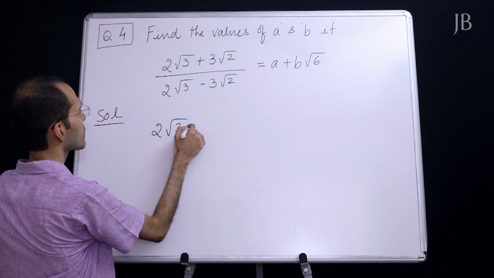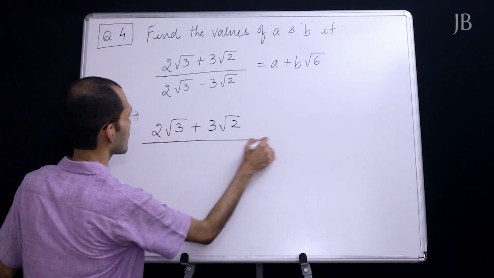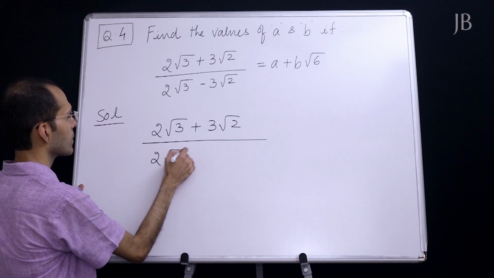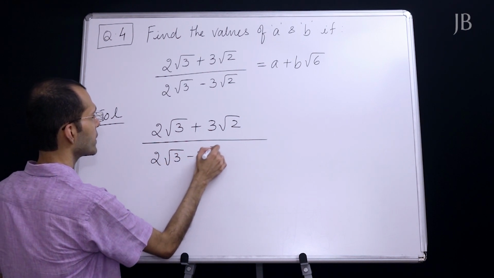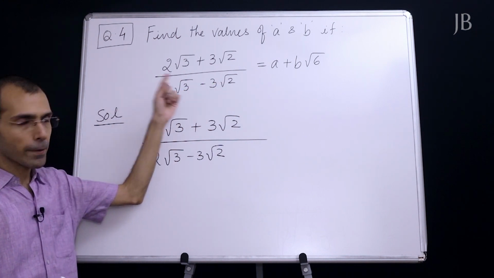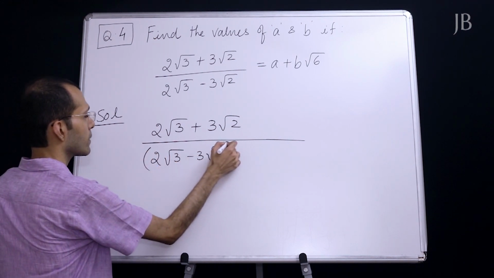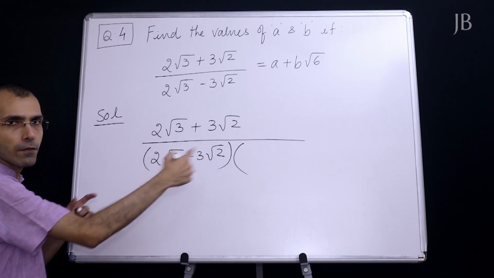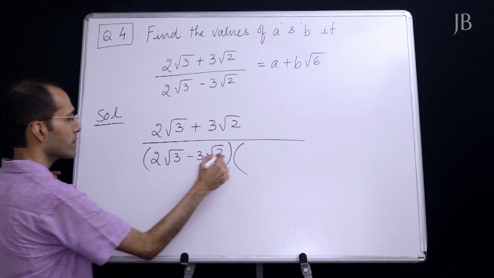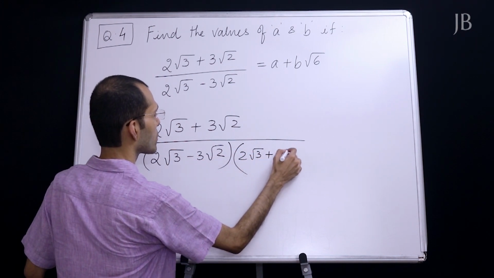See, this is 2 root 3 plus 3 root 2. I am copying the question. 2 upon 2 root 3 minus 3 root 2. So here we will rationalize the denominator. Okay. Now if we rationalize the denominator, what would be the conjugate of this, or the rationalizing factor? 2 root 3 plus 3 root 2.